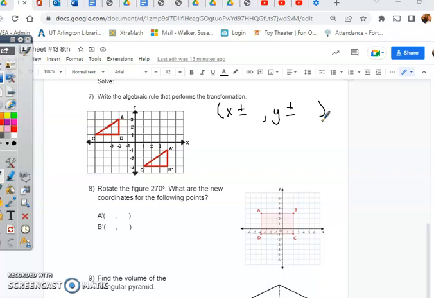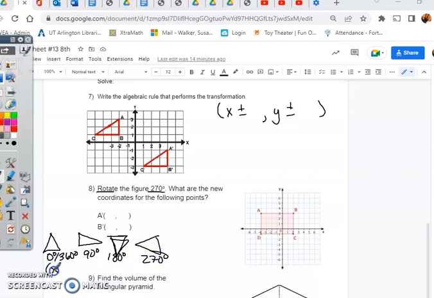Rotate the figure 270. So I know whenever I take my test, I'm going to be like creating this. That was not very good. Okay. 0, 360, 90, 180, 270.